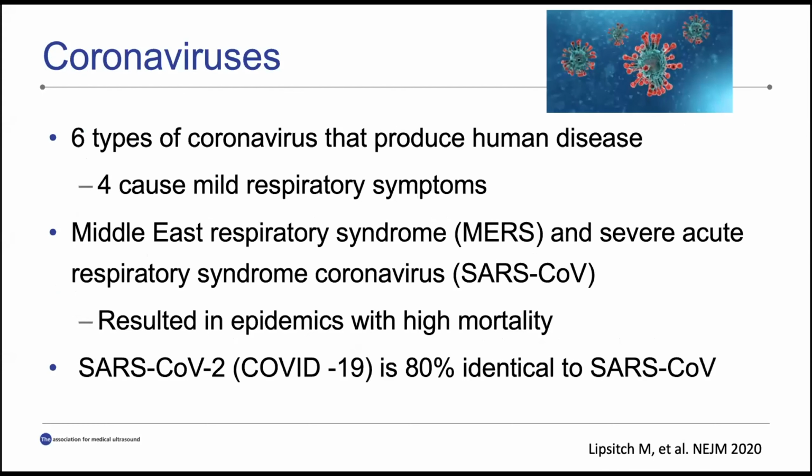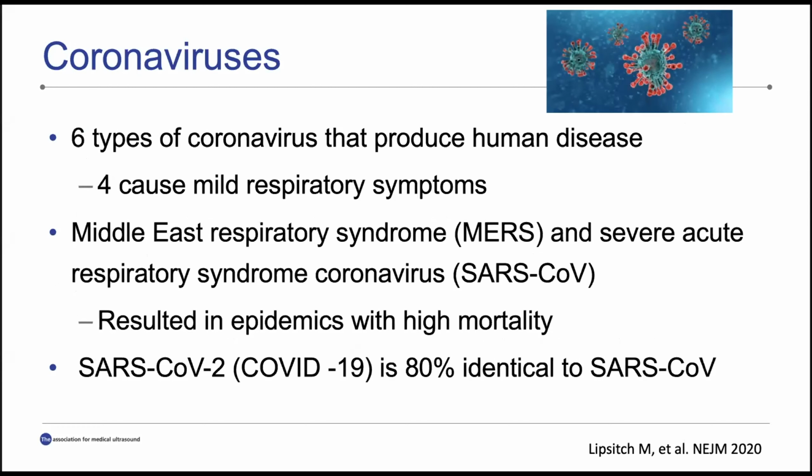So many of you do know that there are actually multiple types of coronavirus. There are 6 types of coronavirus that produce human disease. 4 of them cause mild respiratory symptoms. The Middle East Respiratory Syndrome, or MERS, and the Severe Acute Respiratory Syndrome coronavirus, known as SARS, resulted in epidemics with high mortality.